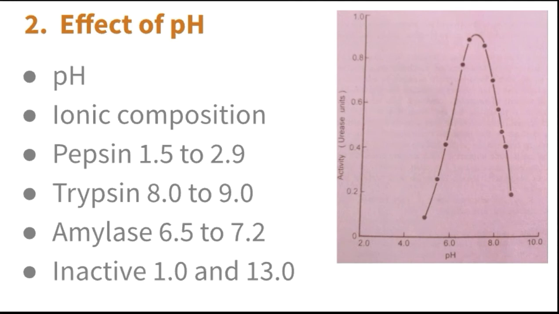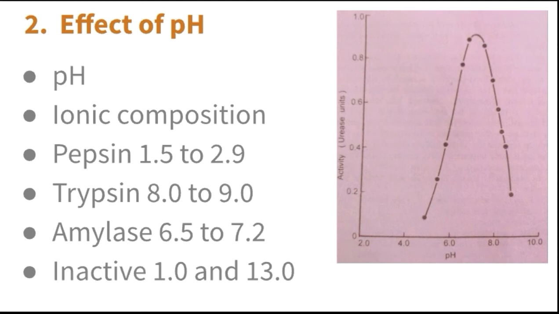All enzymes are proteins, and pH influences the ionic composition of their amino and carboxylic groups, so it significantly influences the catalytic properties of an enzyme. The optimum pH for pepsin varies from 1.5 to 2.9. Pepsin is not active at a higher range of pH.